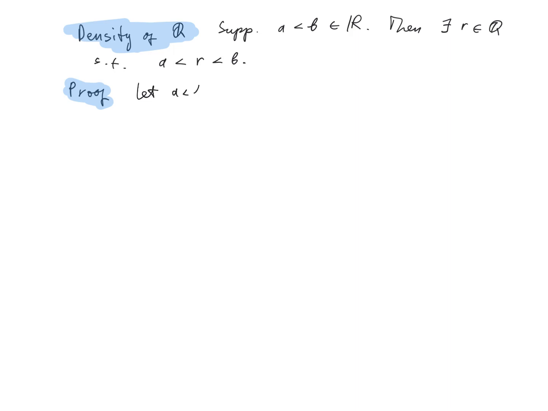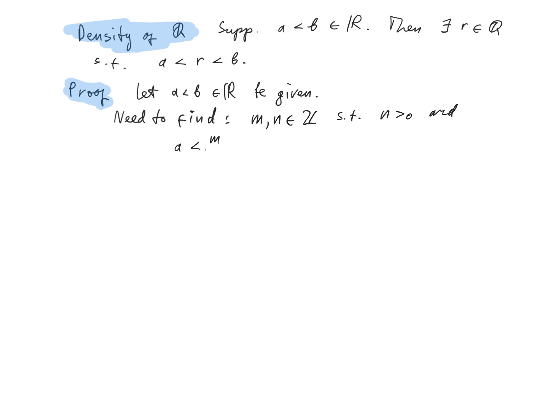Let a less than b real numbers be given. We need to find a pair of integers m, n such that n is positive, and we have that a is less than m over n is less than b, because then taking r to be the rational number m over n satisfies the desired inequality.